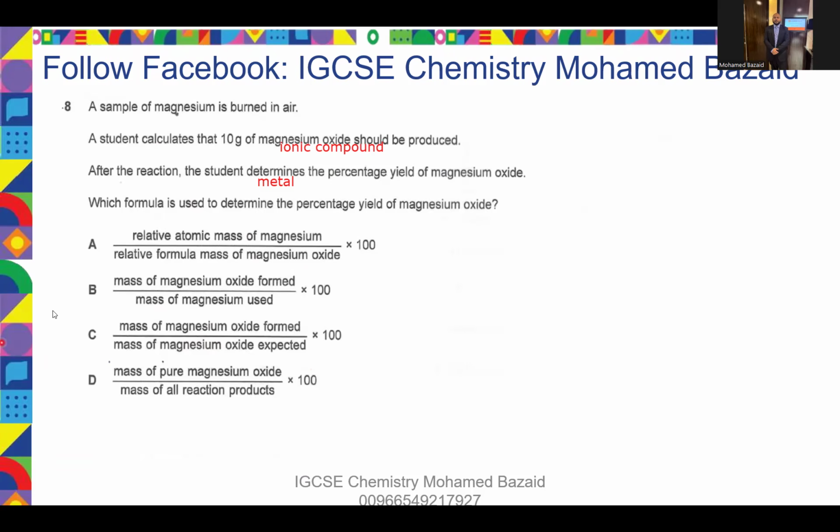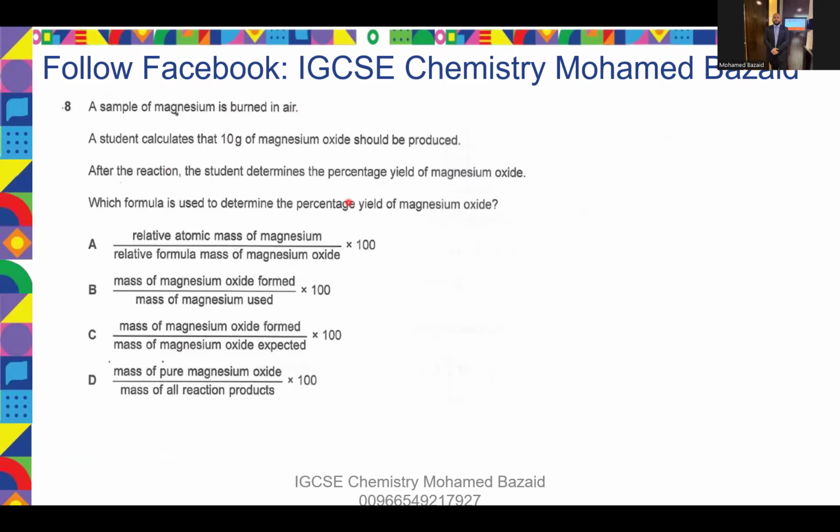Next question. A sample of magnesium is burned in air. A student calculated that 10 grams of magnesium oxide should be produced. After the reaction, the student determines the percentage yield of magnesium oxide. Which formula is used? If you remember, percentage yield equals actual yield divided by theoretical yield, multiplied by 100.